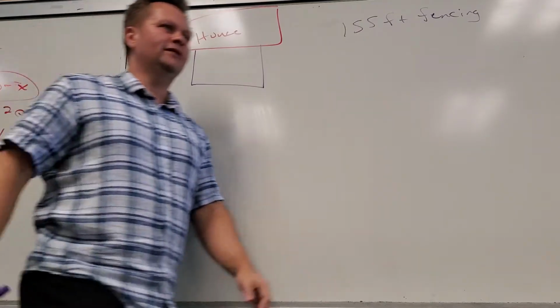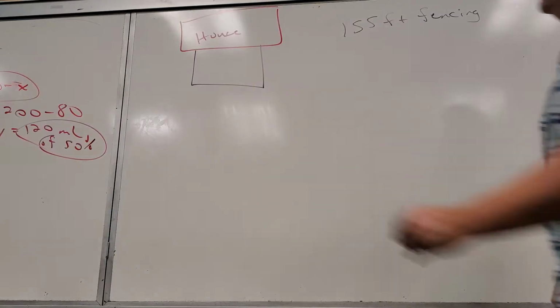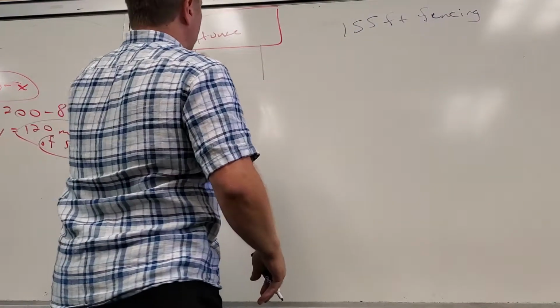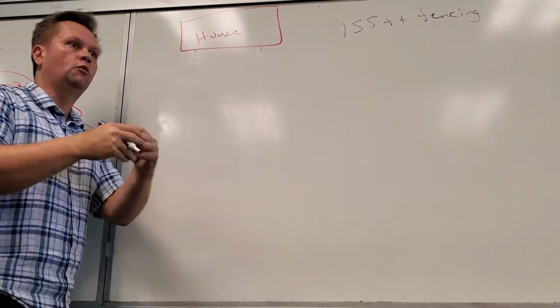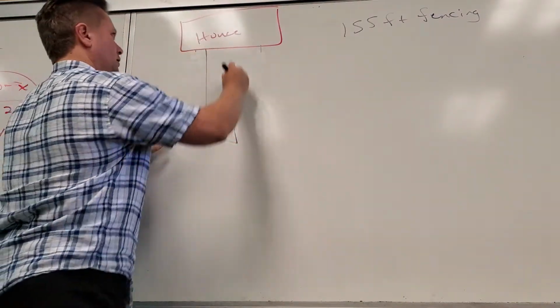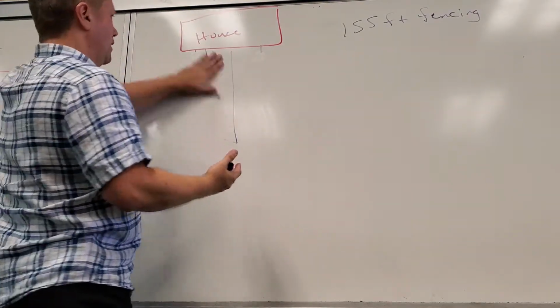All right, so the way I drew it has nothing to do with anything. I don't have a clue what side. I could have drawn it like this, but I wouldn't normally draw that. I really want you to understand.